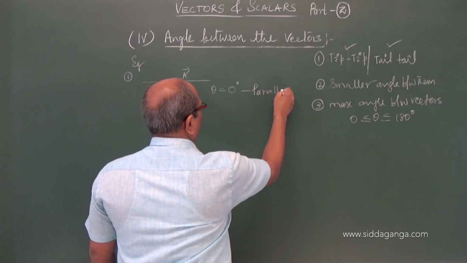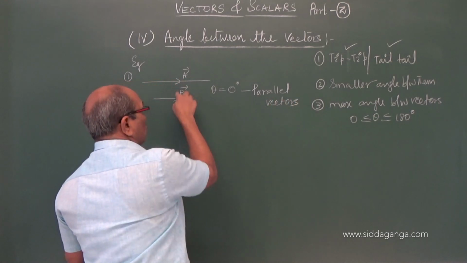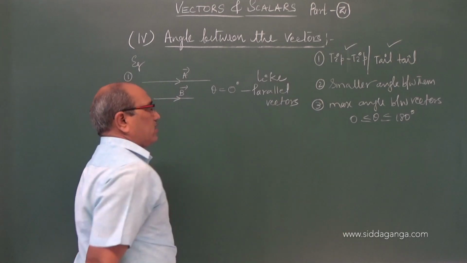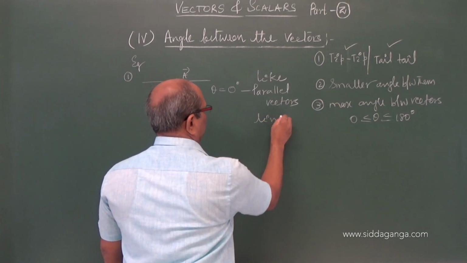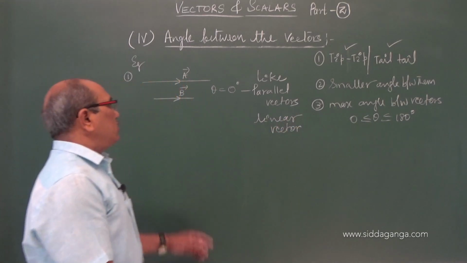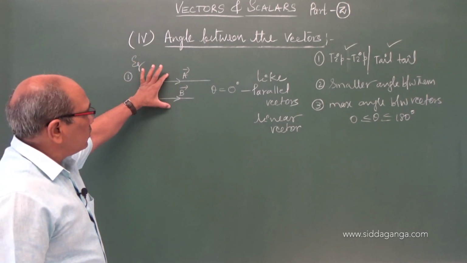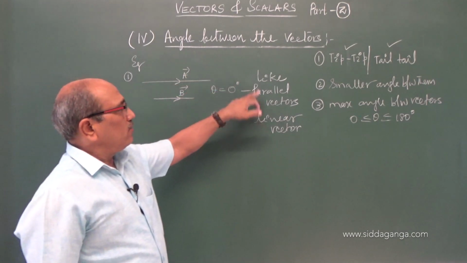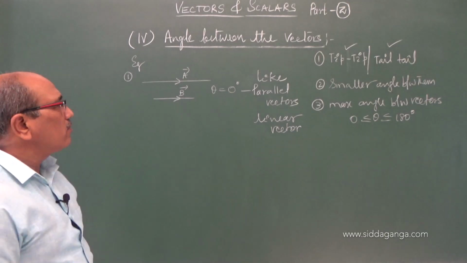As the direction is also the same, sometimes they are called like parallel vectors, or even linear vectors. Why so, we come to in the next part. Just remember here, two vectors parallel to each other, their line of action same, are called parallel vectors, like parallel vectors or linear vectors.